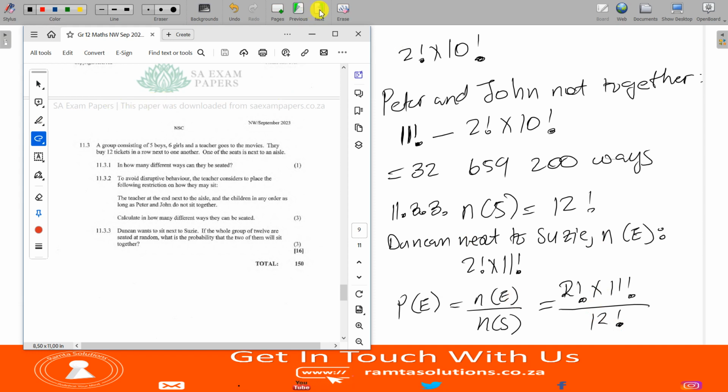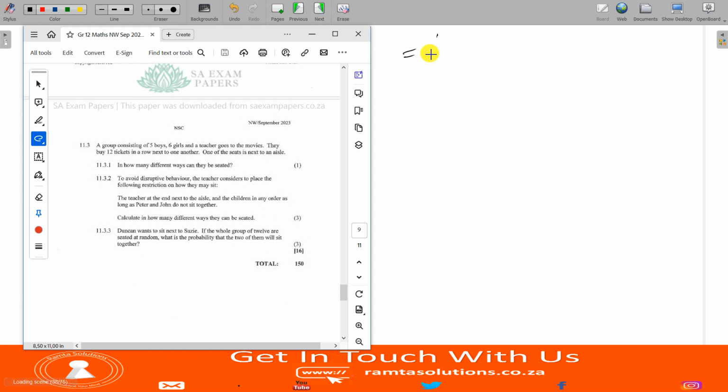Yes, my calculator returns 1 over 6. So the probability that Duncan sits next to Susie is 1/6. Okay, that is the probability that Duncan sits next to Susie.